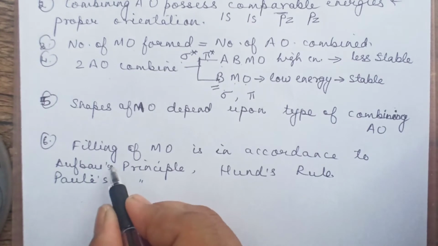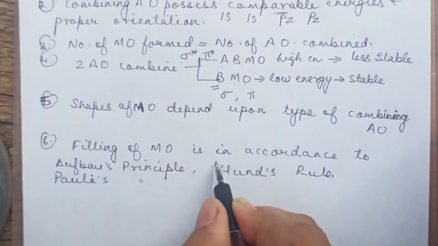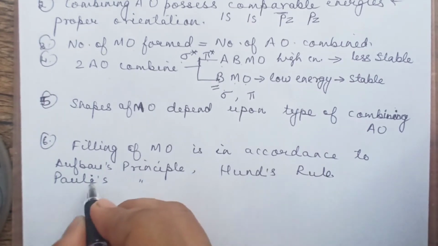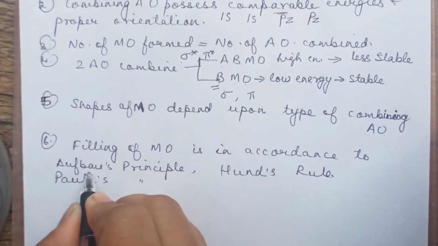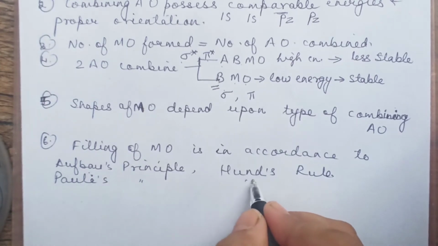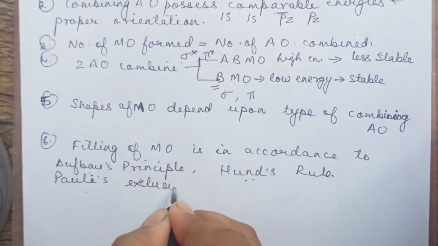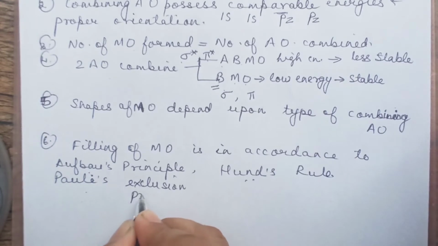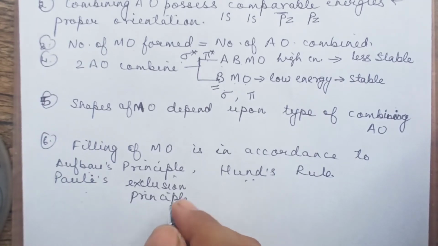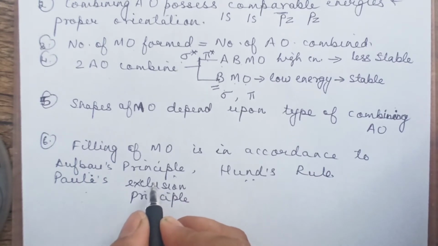The next point is that filling of the molecular orbitals is in accordance with Aufbau's rule, Hund's rule and Pauli's exclusion principle. That means all these principles are followed. We will shortly write their configurations and understand how they are followed.